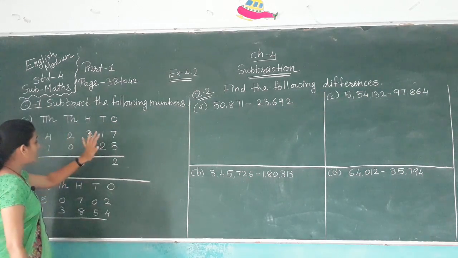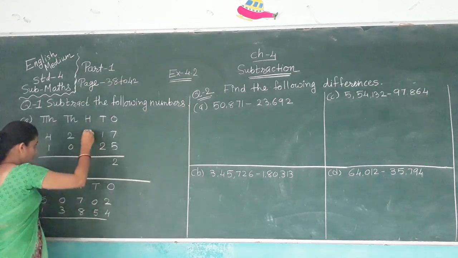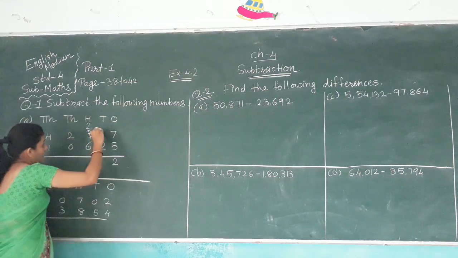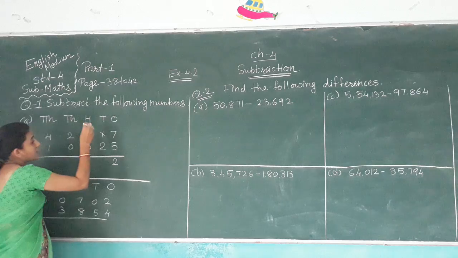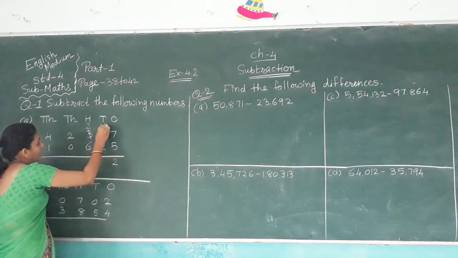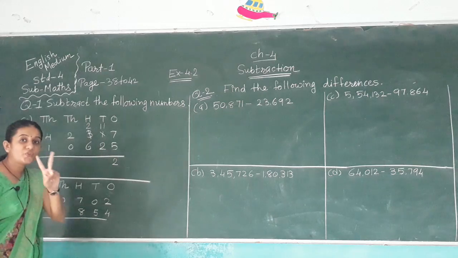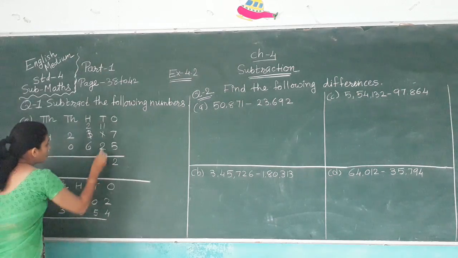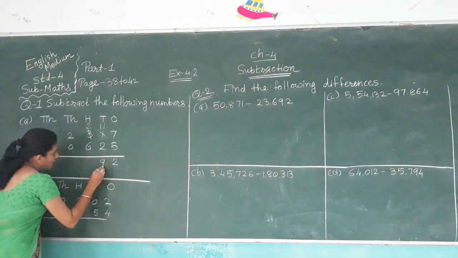So we borrow from the hundreds place. Cut here 3. First you write here 2. Then cut here 1, and here add 10. 10 plus 1, it's 11. 11 minus 2. Take 2 fingers. Before 11: 10 and 9. So 11 minus 2, 9.